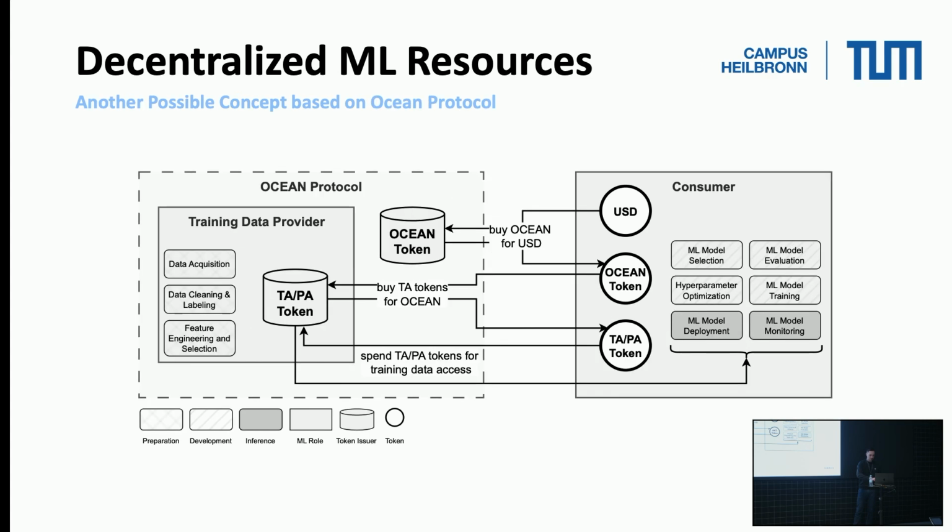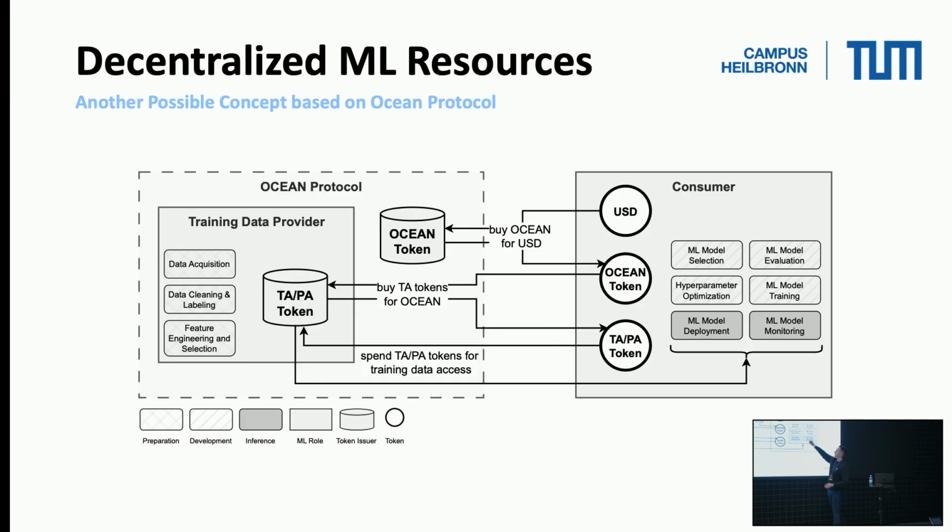Yes, so I would also have the same for Ocean, a bit more complex, where they have training data, and they basically give the training data provider the freedom to decide whether he wants to use a temporary access or a permanent access token, and then he can also completely design how it will be issued, so they can use bonding curves to model the supply dynamics of their temporary and permanent access tokens.